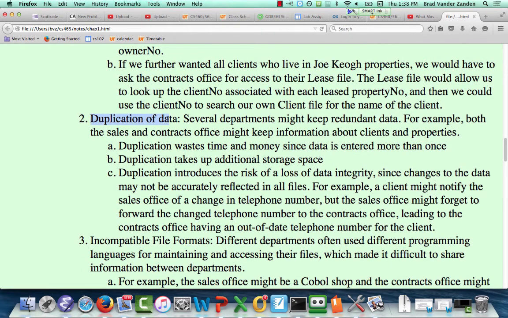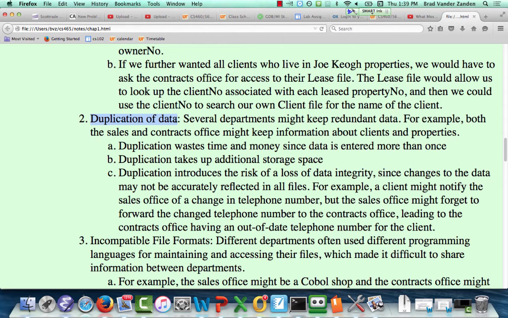Duplication of data was an issue. Remember we talked about data integrity and consistency. Well, leases might keep a bunch of information about Joe Keogh, such as his name and his street address, but so does the owner's department. And Joe calls up his realtor and says, hey, I just moved to Knoxville, here's my new address.